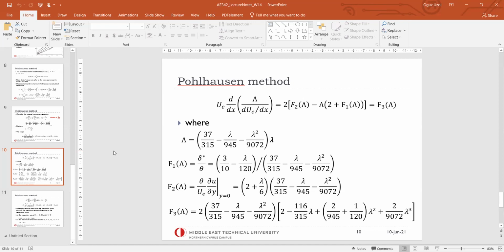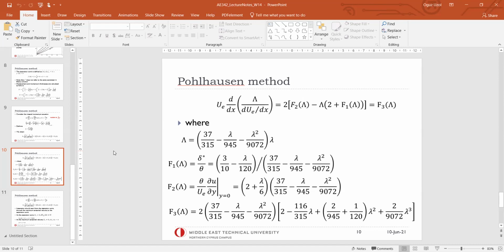So your friend's question yesterday was quite valid: Blasius solution, at least for a flat plate laminar boundary layer, is an exact solution, but we can try to reach the same solution with more approximate methods, and these make use of what we learned, the integral momentum equation.